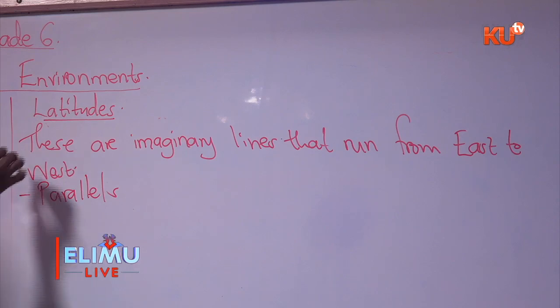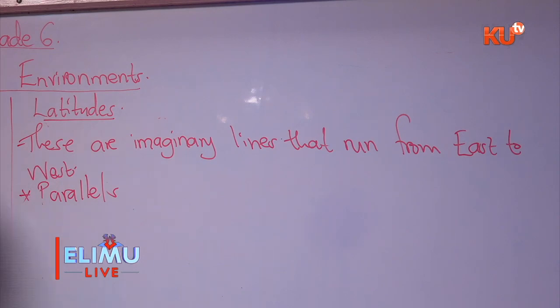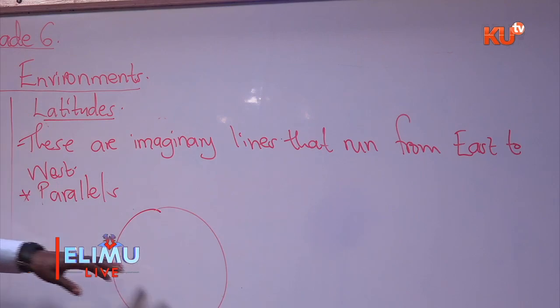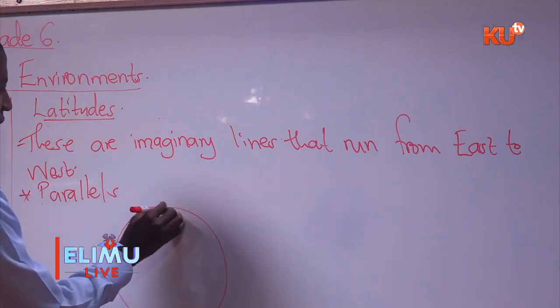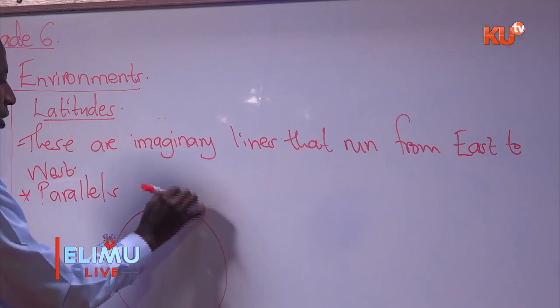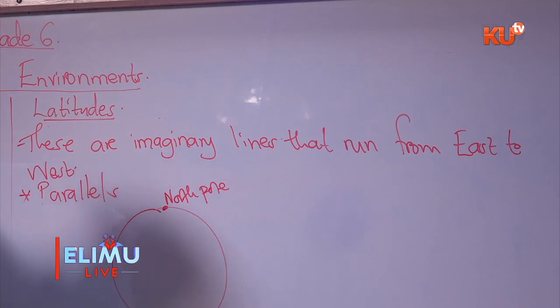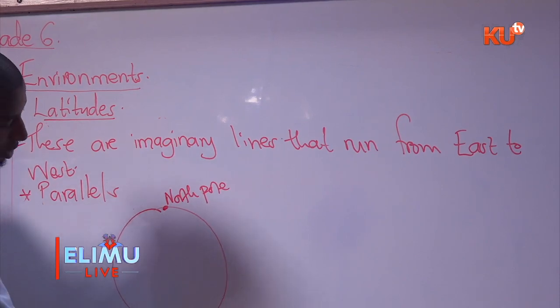They are also called parallels. That's another name for latitudes. So the Earth is a sphere. A sphere is something that looks like this. Then we have a pole here, which is called the North Pole, and another pole here, which is called the South Pole.